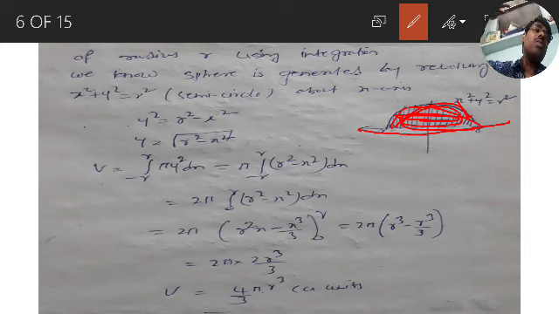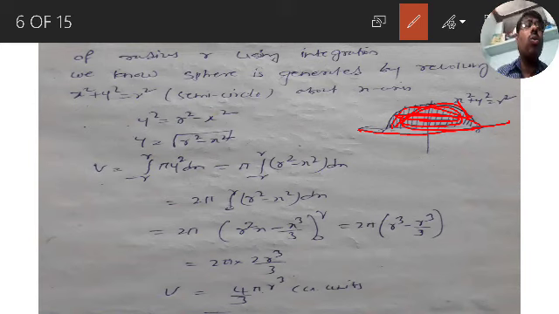It generates a sphere. So imagine a semicircle area about the line. This is a line and this is the area, and it is rotated. Once the semicircle area is rotated, what are we going to get? We are going to get a sphere.